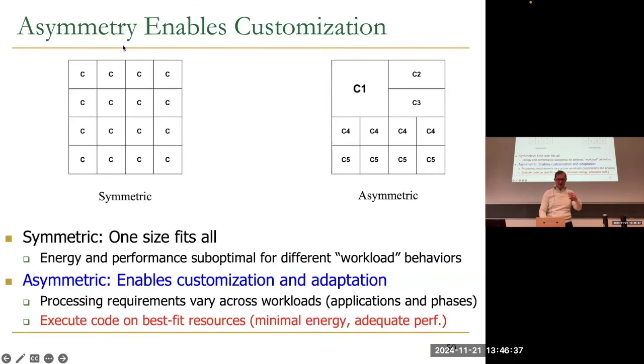Right? Of course, you can actually go even lower, right? Okay, basically, hopefully you can get minimal energy and adequate performance by doing this. Okay, but now you've also seen that complexity increases, right? What is the granularity at which you do this? Is it static? Is it dynamic? So there are a lot of actually interesting questions that open up.